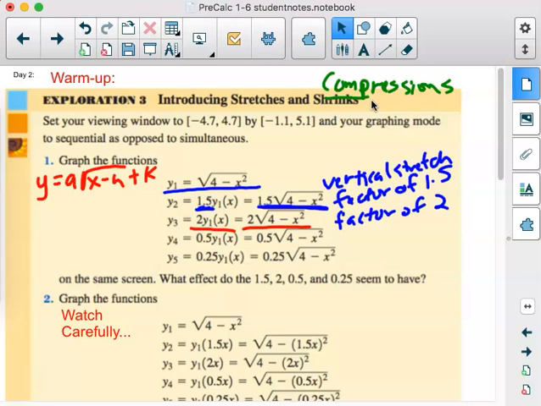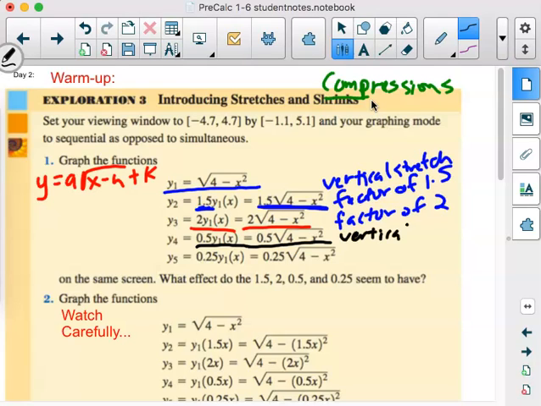Now I get down to the third one, and for the third one, I see it has a 0.5. And 0.5 as a fraction is 1/2. And we know that when we put a fraction between 0 and 1 in front of any of these, then we have a vertical compression. So this would be a vertical compression factor of 1/2.